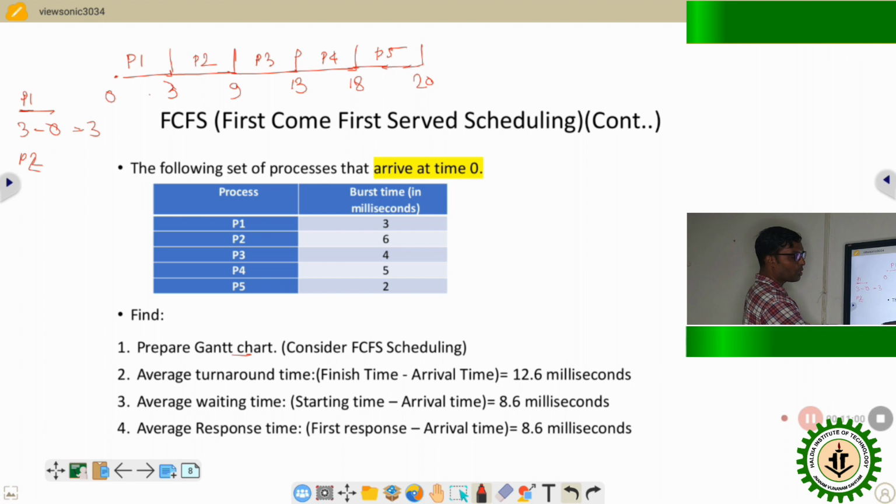Process P2: we calculate finish time minus arrival time.